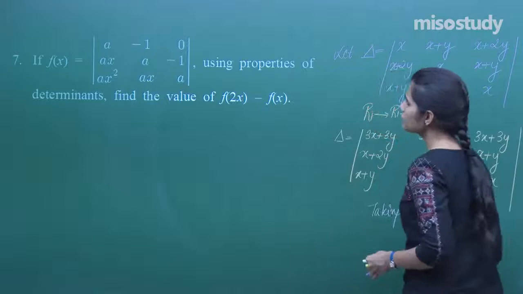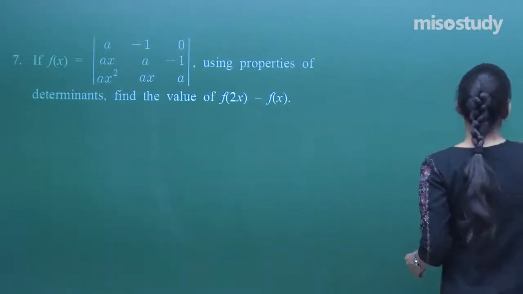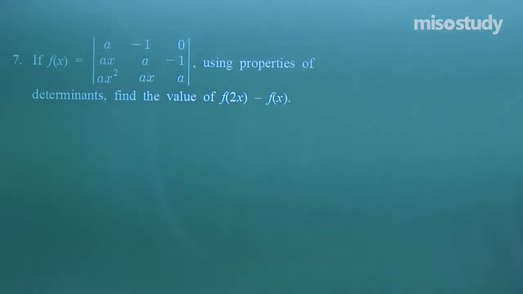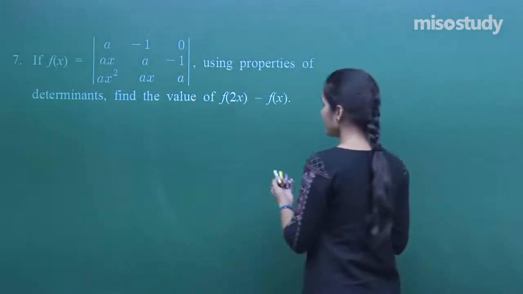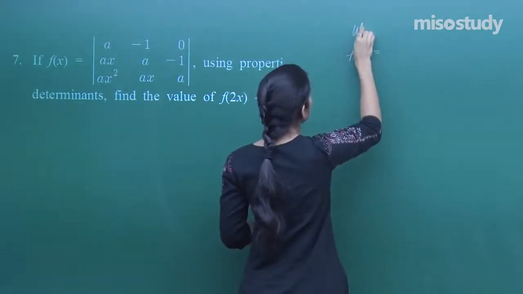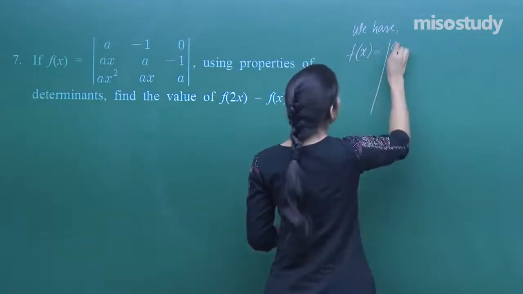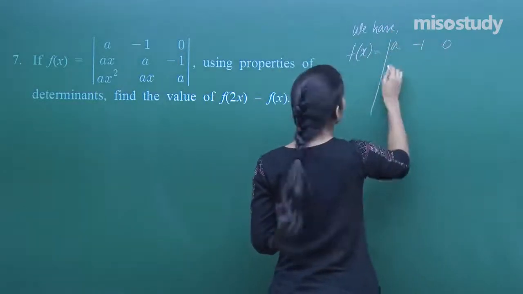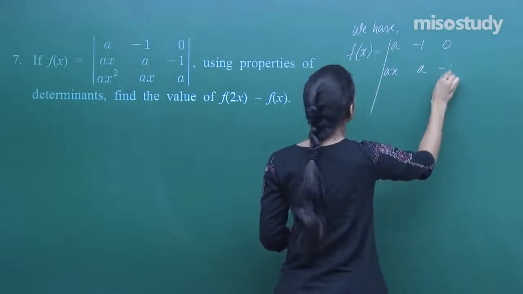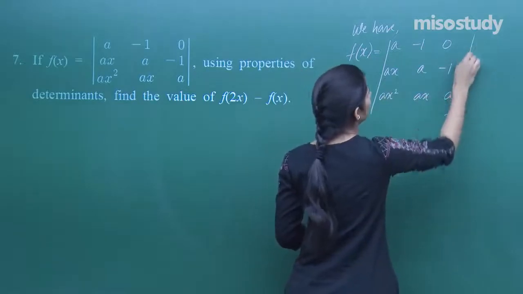If f(x) is this, using properties of determinant, find the value of f of 2x minus f of x. Now this is a pretty important question. Let's try to compute the value of f of 2x minus f of x. The moment I write f of x as a determinant involving x, you can start like we have f(x) is equal to a minus 1, 0, ax, a minus 1, ax square, ax, a.